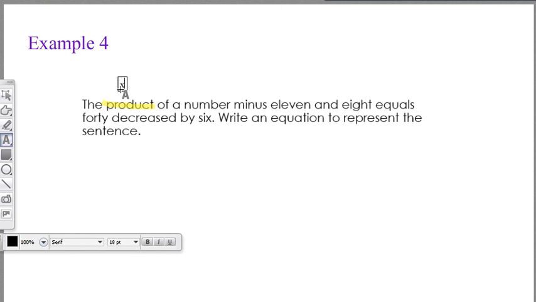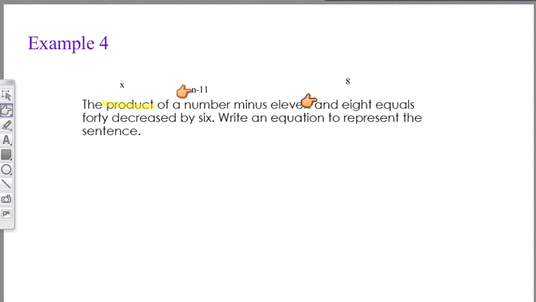So I'm going to put my multiplication symbol there. I'm multiplying n minus 11 by 8, so these are my two terms.